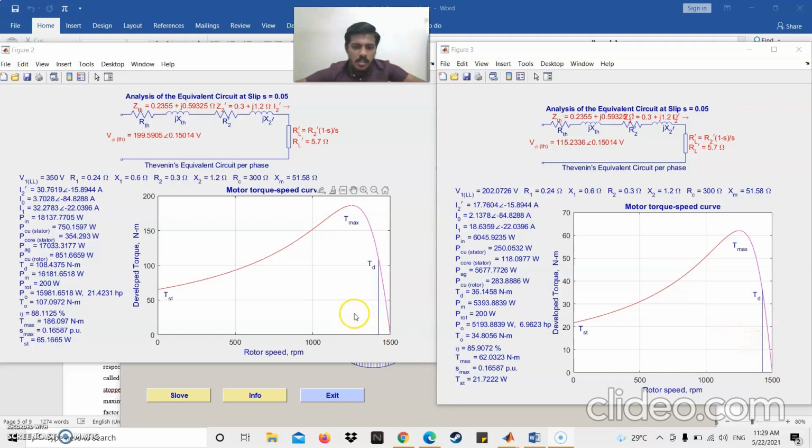So there are 4 stages in a curve we can identify: no load, full load, pull out torque and starting torque. For figure 2 the voltage is 350 and for figure 3, 220.726. So here they vary with the different voltage.